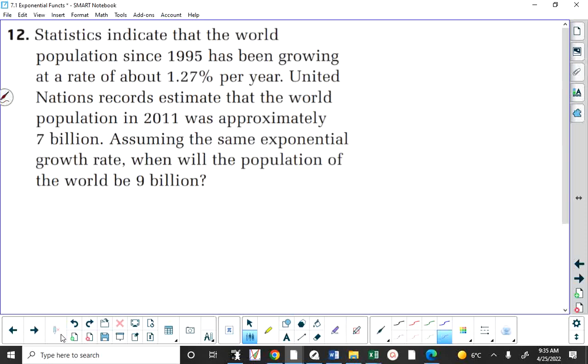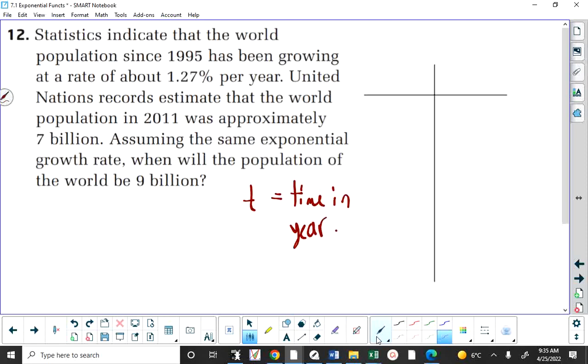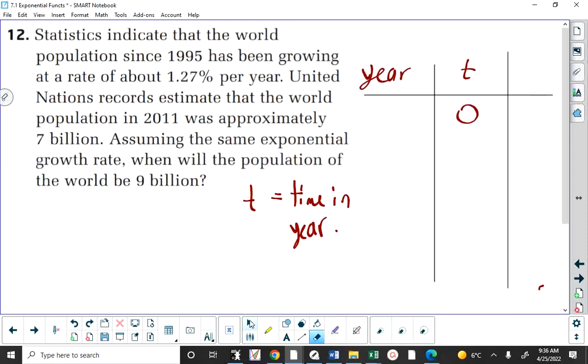And the idea here, everybody, is when we start to model exponential growth, where t is going to be the time in years, I want you to understand that t is not the year. 2011 as t equals 0. I'm not quite sure why they're mentioning 1995. It's just the point of interest.